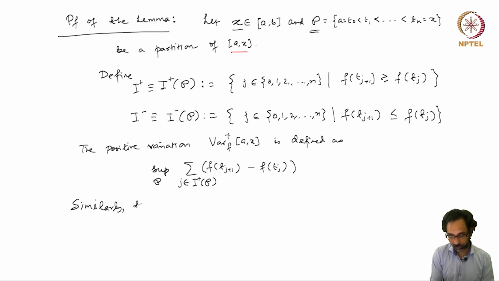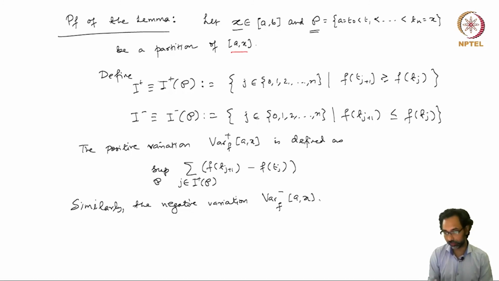Similarly, we can define the negative variation, denoted by Var minus f [a,x], and this is defined with a similar formula.